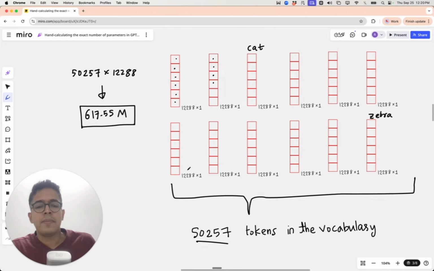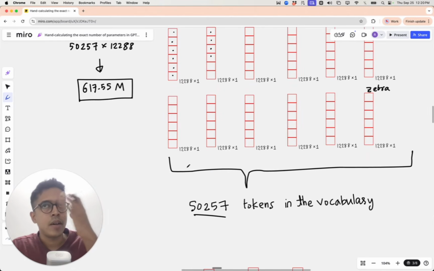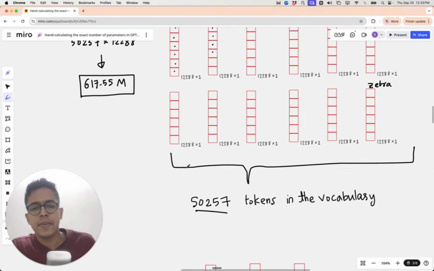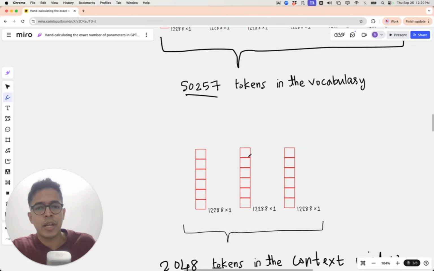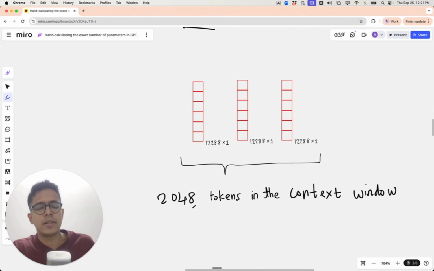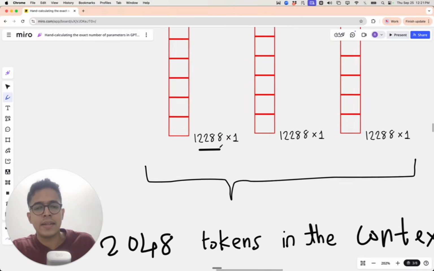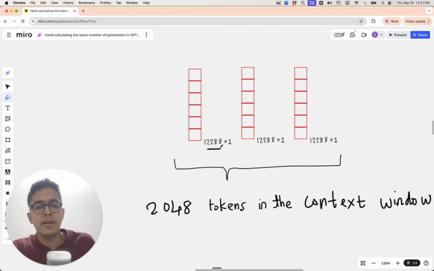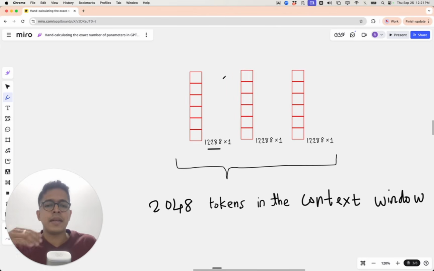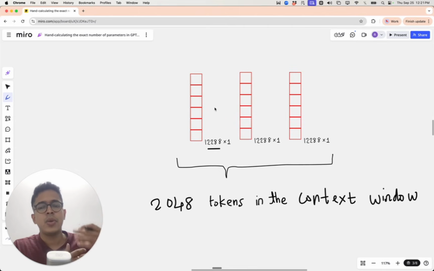Now, how many tokens are there in our context window? Our context window size, as I mentioned, is not the entire vocabulary. It's only 2048 tokens. And each token, of course, is a 12,288 dimensional vector, which means we need to count the trainable parameters to construct a position embedding. Because you won't be taking the token value directly and using it. You take the token value from the dictionary, yes, but on top of it, you add a position embedding.